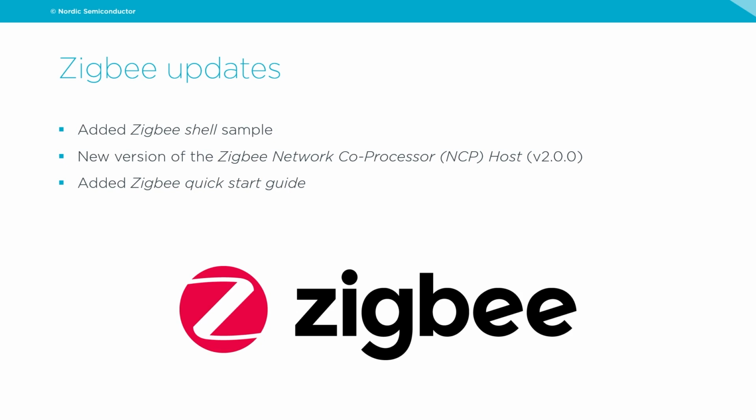A popular coprocessor design is the network coprocessor architecture, or in short, NCP. nRF Connect SDK 1.8 features a new version of the Zigbee network coprocessor host software. Zigbee Quick Start Guide has also been added to facilitate easy start with Zigbee development.